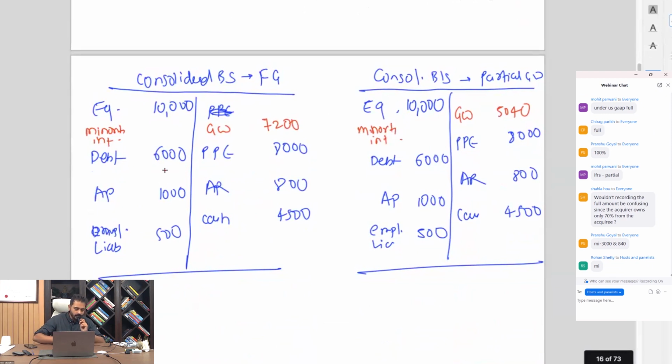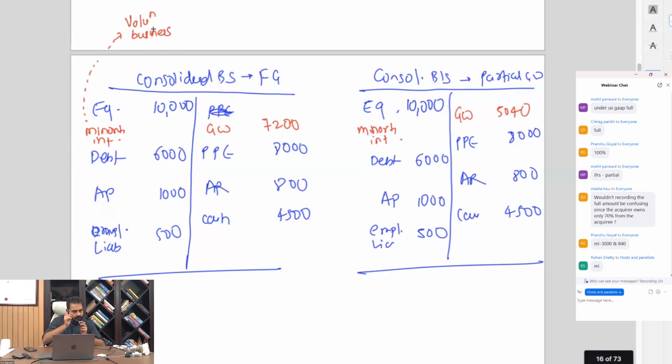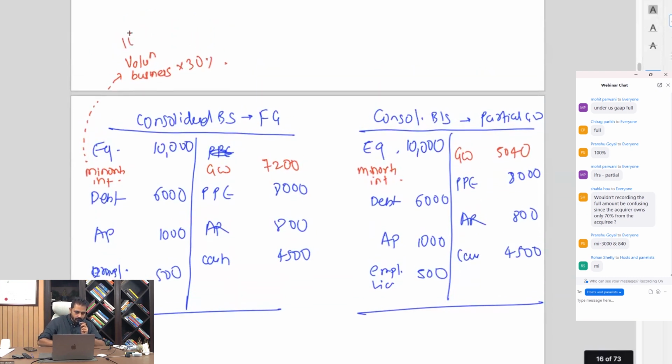The trick to remember to calculate minority interest is: what was the valuation of the business into 30%. It can be used as a plug figure, but this is the right way to do it. In full goodwill, I valued the business at 10,000, so 10,000 into 30%, this minority interest is 3,000.